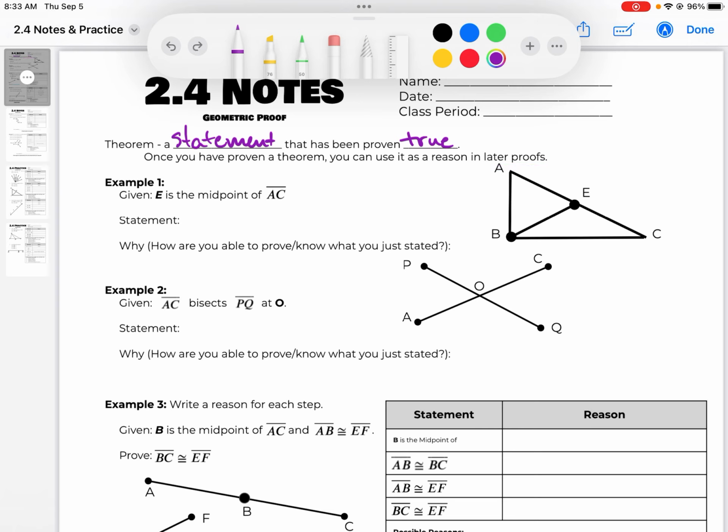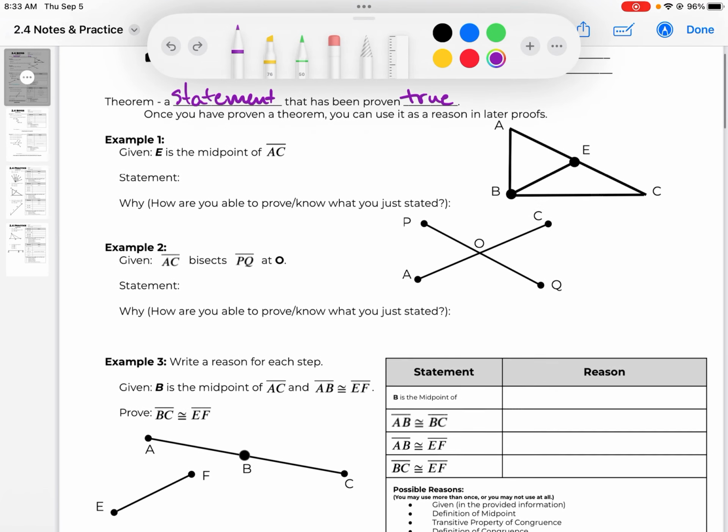And so just jumping right in, we're looking at these situations where we are given some information. We're going to use that information to write a statement, and then we're going to justify that statement with some reasoning. And so in our first example, it says that point E is the midpoint of segment AC. So we got A to C, and E is the midpoint.